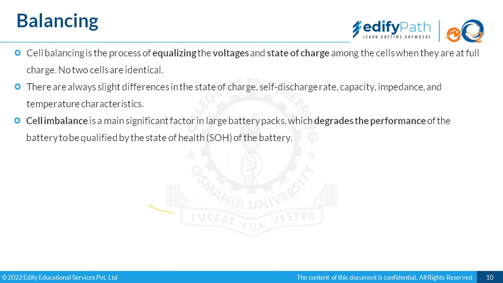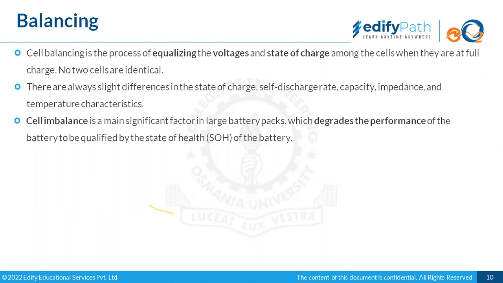Not only will the cell life be affected, but we will also not get the desired or rated range that the vehicle is meant for. When we see a drastic fall in the capacity of the vehicle, we should take it to the servicing station for balancing early, so that the characteristics of the cell don't change drastically.